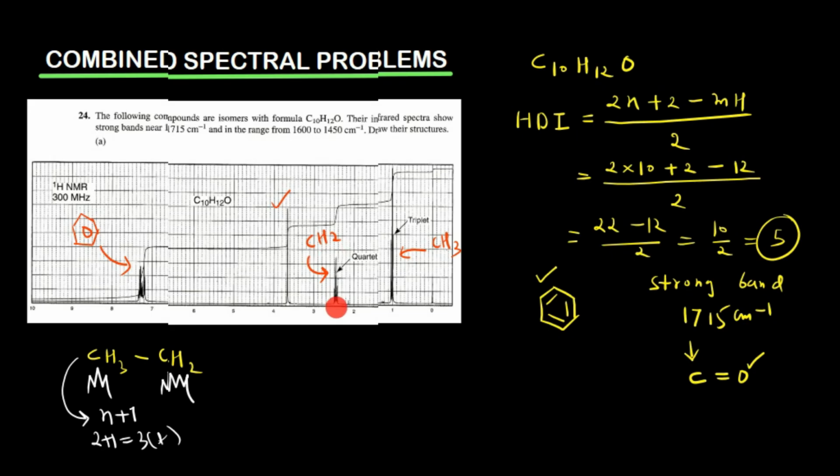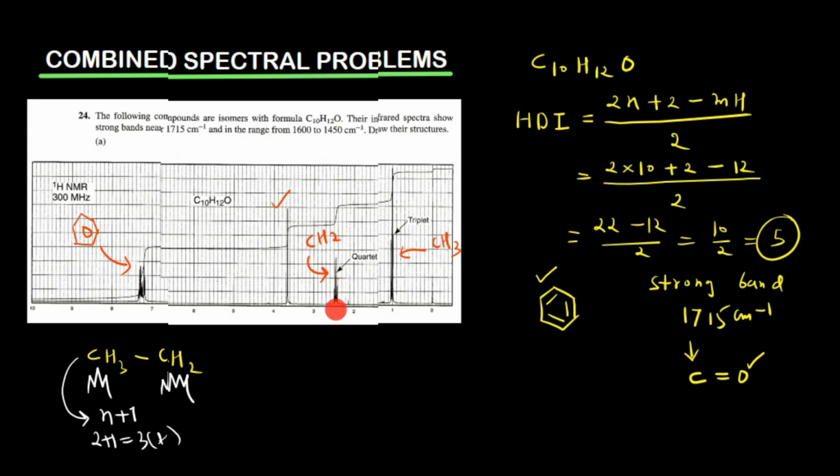2.5 ppm. And many times in my previous lectures, I already told you this signal, resonating at around 2.3 ppm, is basically the deshielded signal, generally by the presence of the carbonyl group. And the carbonyl group is also confirmed from the data of 1715 cm inverse, which is given in the question itself. So this CH2 is connected with the carbonyl group.